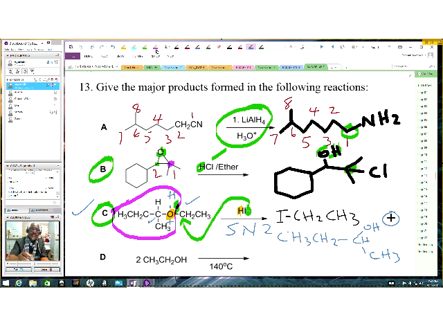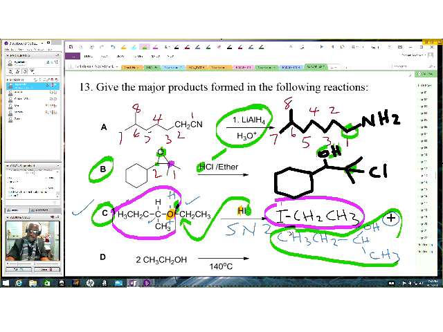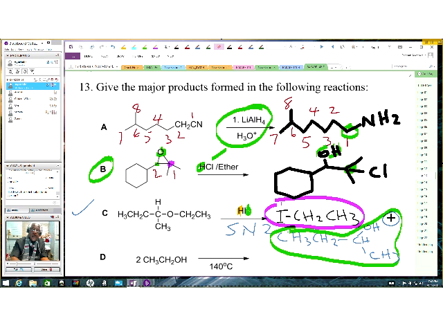So the two products here will be this here and this right here. A secondary alcohol, and that secondary alcohol is coming from this part of the molecule right here.